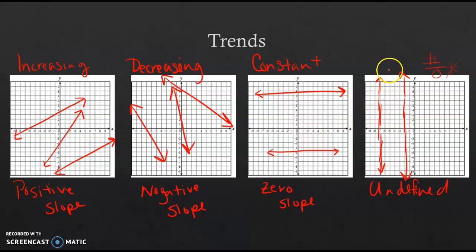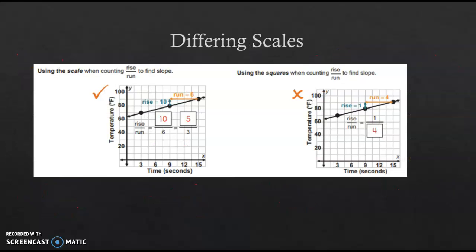So anytime we have vertical lines, those are undefined, and that's where we have a number divided by 0. A constant is when we have 0 divided by a number. Those are just things to keep in mind as we go through these next several lessons.